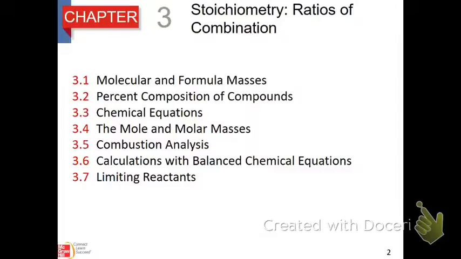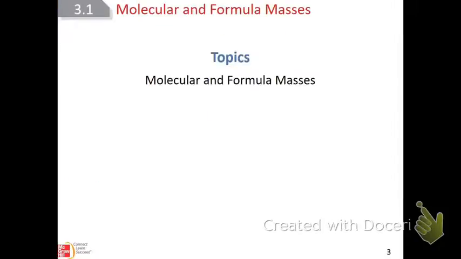molecular and formula masses. If you were to combine the two together, molecular and formula masses together would be called molar mass. And molecular masses would be masses of molecular compounds, compounds that are covalently bonded, that you would use prefixes for, carbon dioxide, disulfur pentoxide, those kinds of things.